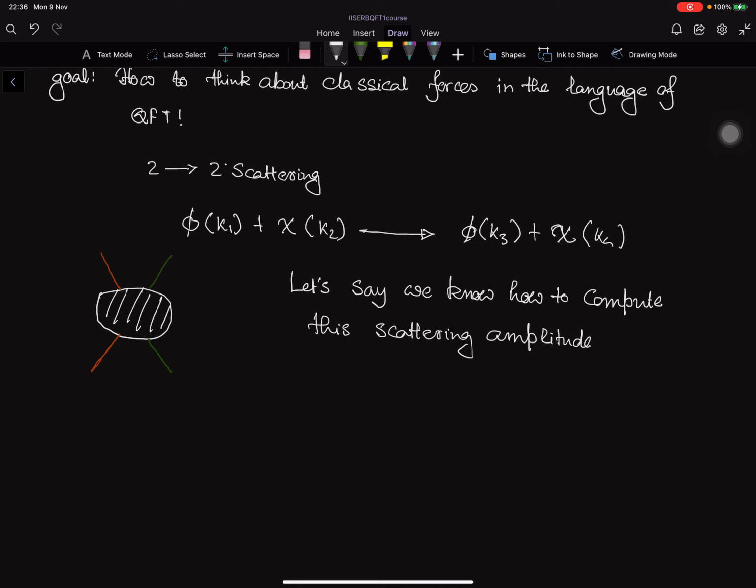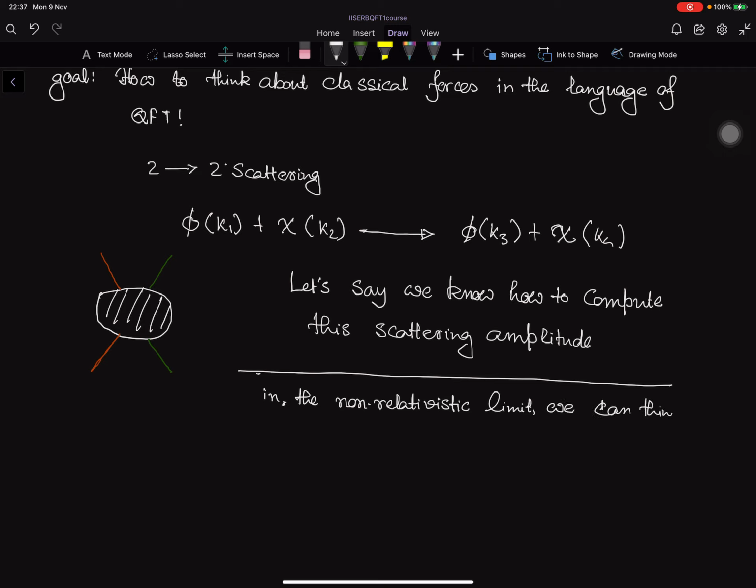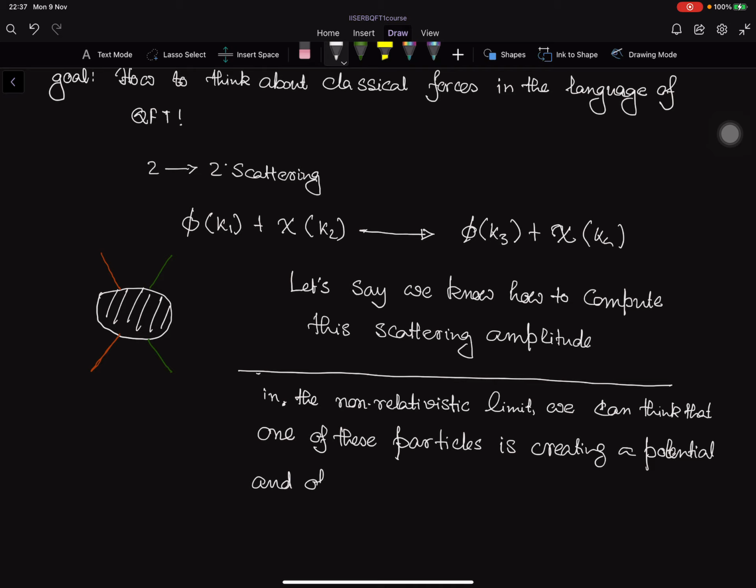The basic idea you can think of is that in the non-relativistic limit, we can think of one of these particles as creating a background potential and the other particle as being scattered by that potential.